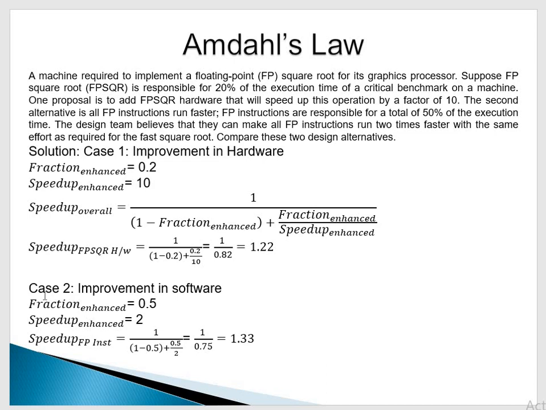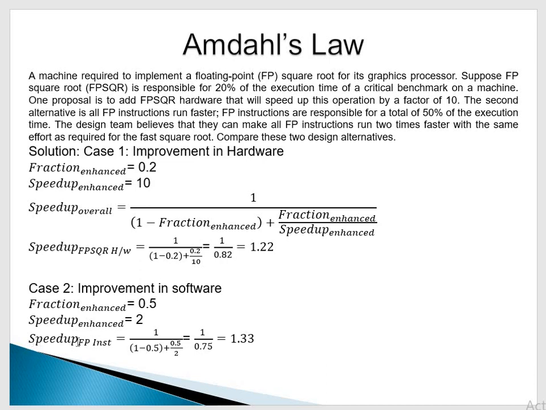Now consider the second case. If we improve the software, all the floating point instructions will have to be improved, and as given in the statement, they have 50% weightage of the total time. So the fraction enhanced will be 0.5, and speedup enhanced will be 2.